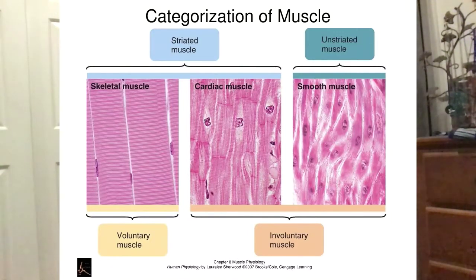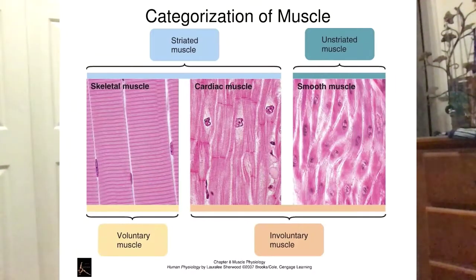You can also see the striping within the cardiac muscle. You see it very faint in there. Those are also cylindrical cells, but they're a little shorter than skeletal muscle. Skeletal muscle cells can be very long and span the length of your arm or your upper leg or something like that. Those stripes in there, we refer to as striated.